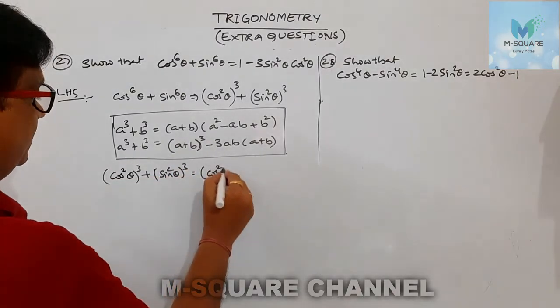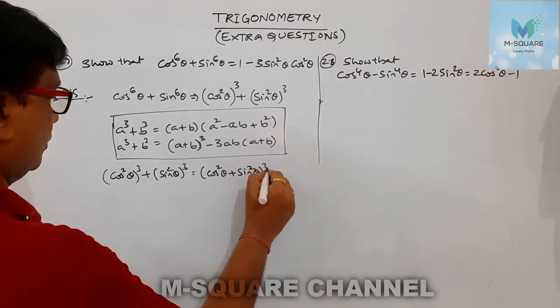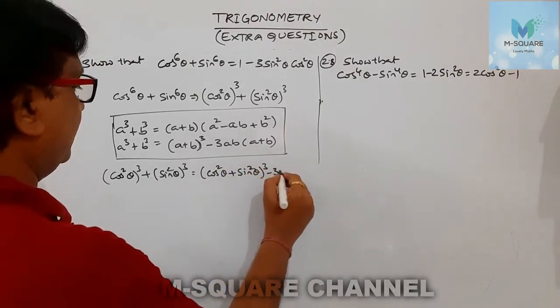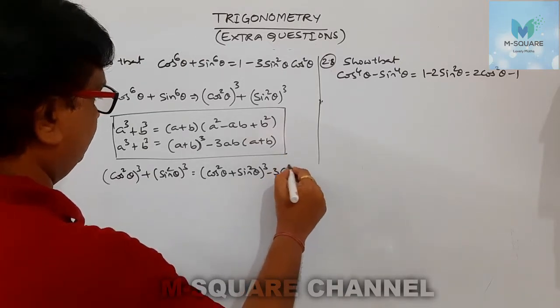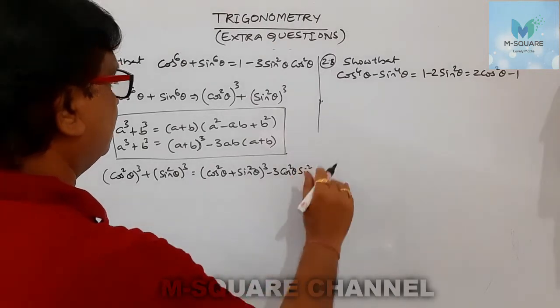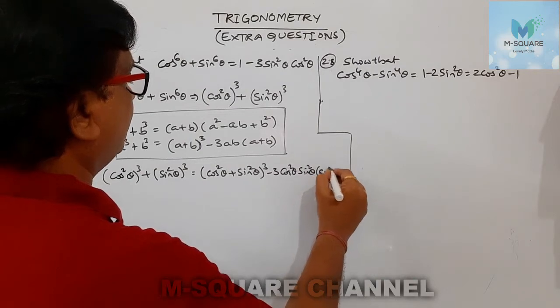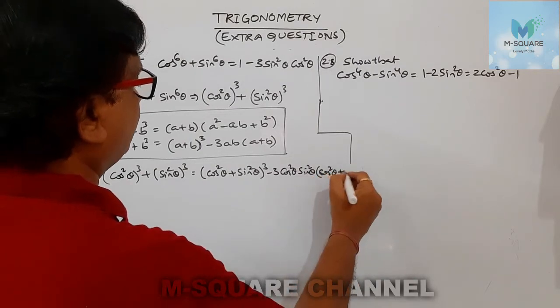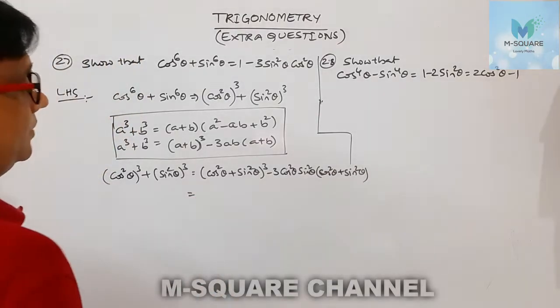So cos square theta plus sin square theta whole cube minus 3 into cos square theta sin square theta into cos square theta plus sin square theta, like this.